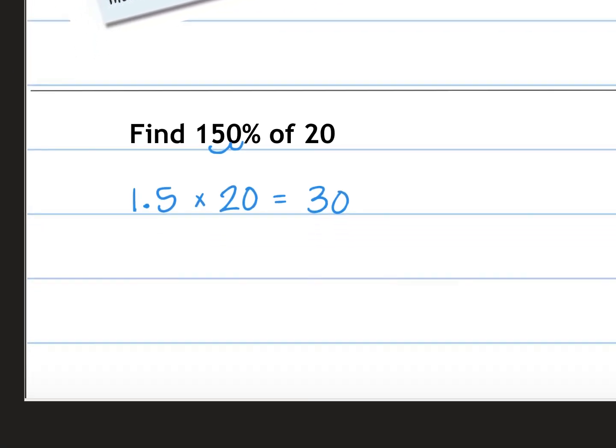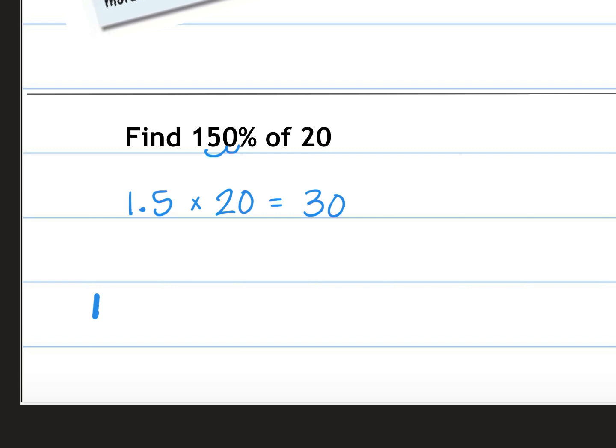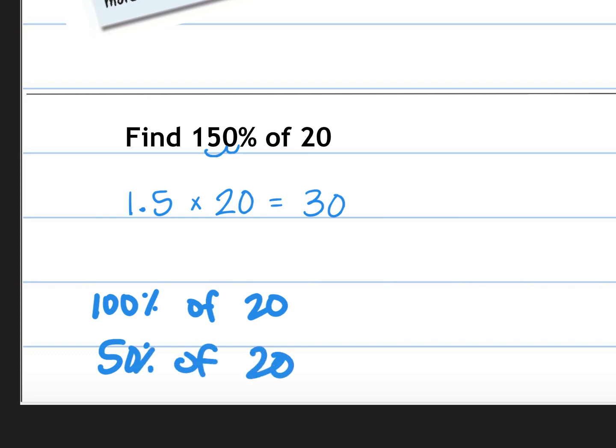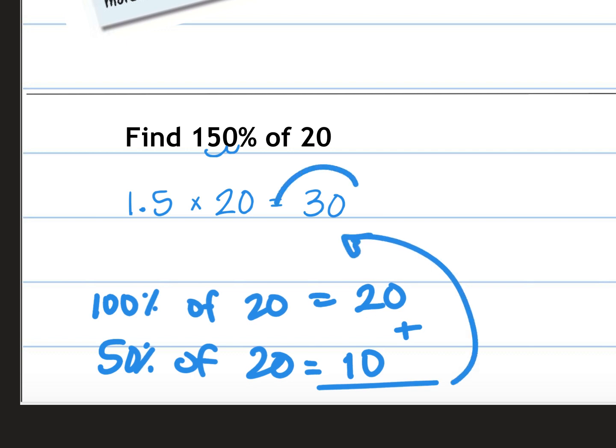This one you could break apart in your head, just as a side note, into 100% of 20 and then 50% of 20. If I get 100% on something, I have the full 20 amount. If I got 50%, that's half of it, which is 10. And then if I add those together, I end up with that 30. So just kind of using estimates, you could calculate all of that in your head.